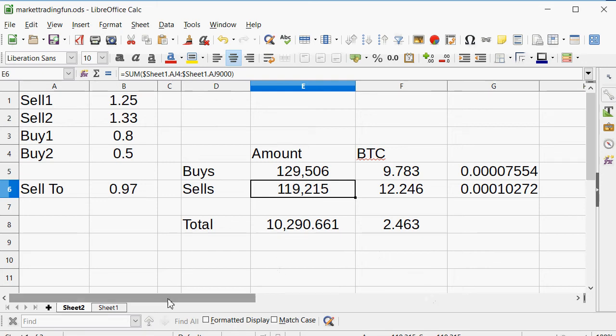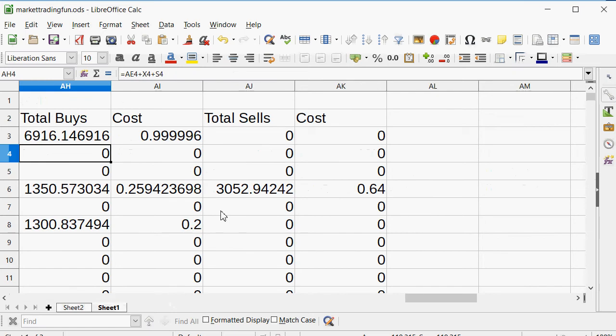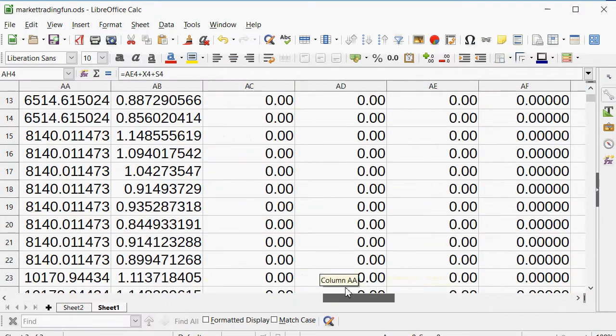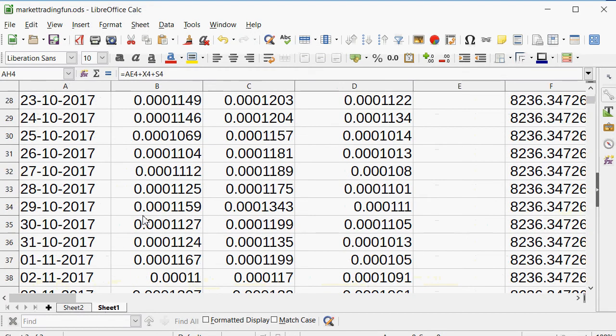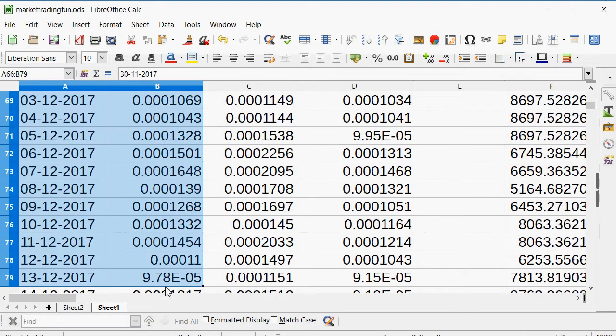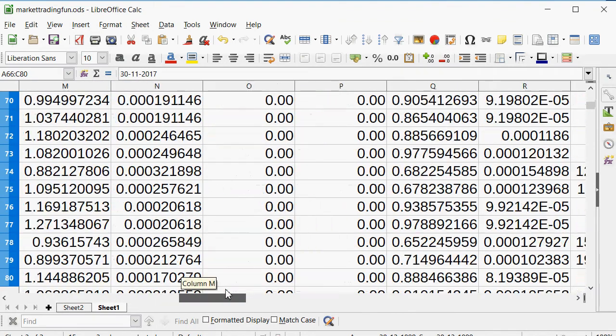So that is how this was set up. Still not too sure how accurate it is, but just by going over all of the individual results in here, it seems to be working pretty much as I was intending it to.